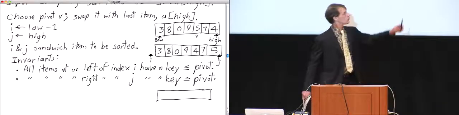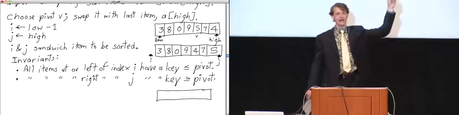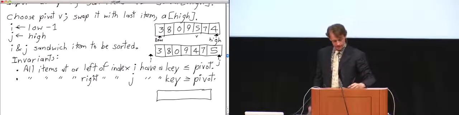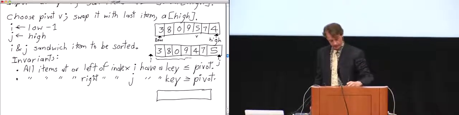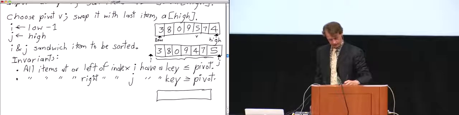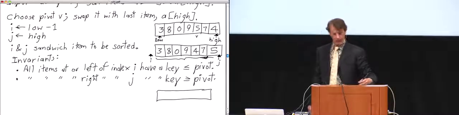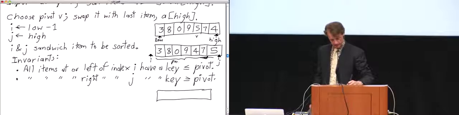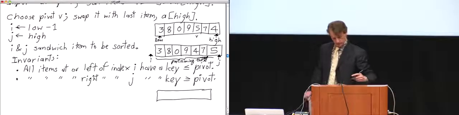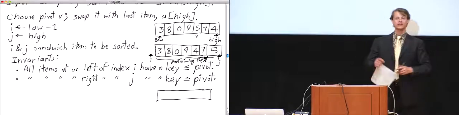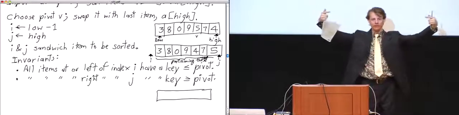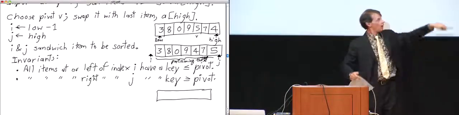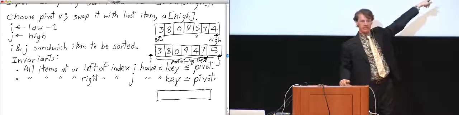When I have i there and j there, what that means is that I am now working on partitioning everything between those two, not counting i, not counting j. I'm partitioning these things in the middle. And now I'm going to take i and j and move them in toward each other while enforcing these invariants.